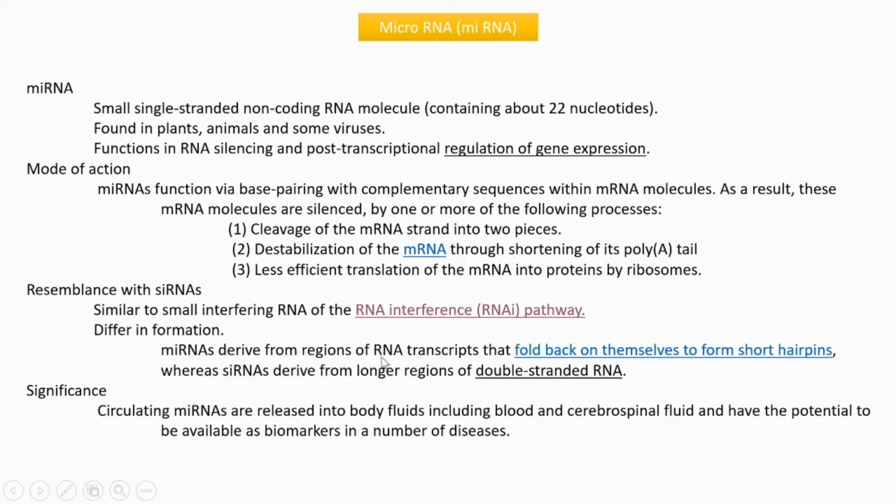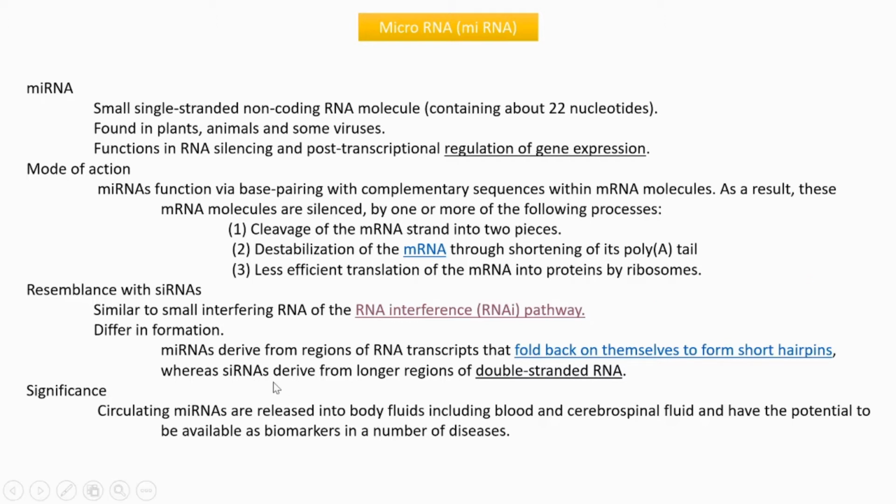Suppose this is an RNA region and it loops back, a loop is forming here, and in the remaining portion hydrogen bonds are forming. Whenever such loops form in those regions, they become a miRNA. That's about the formation of miRNA from a normal RNA transcript.